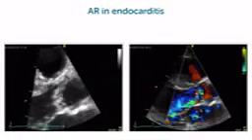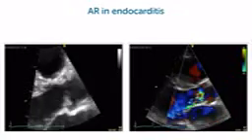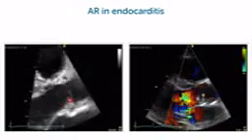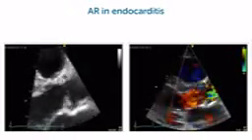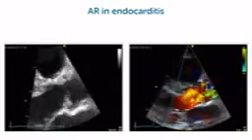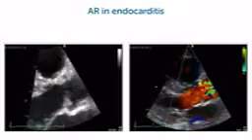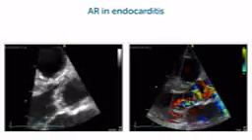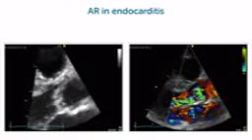And this is another example, again, of aortic regurgitation in the setting of endocarditis. This time, regurgitation is maybe not as severe. You have a mobile structure right here. This is a vegetation, probably a little bit older, and the jet moves down from here to here. Difficult to quantify, but very important because this too changes the management of this patient.